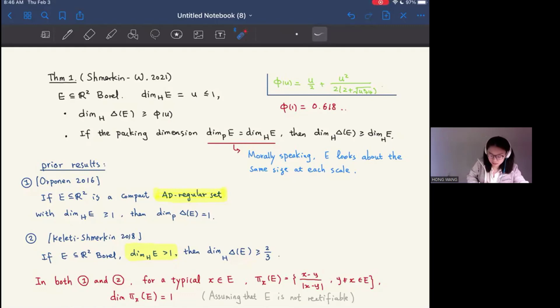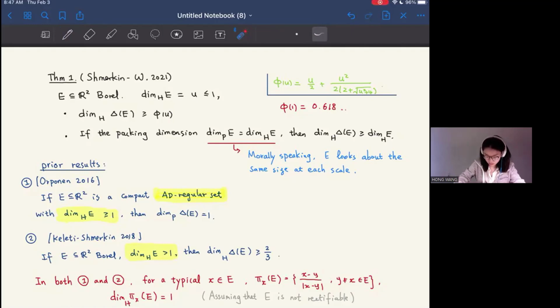Here I highlighted the AD regular condition and the condition that the Hausdorff dimension of E is greater than 1, because only under these conditions we know that for a typical x in E, the radial projection pi_x E, defined as the following, has Hausdorff dimension 1.